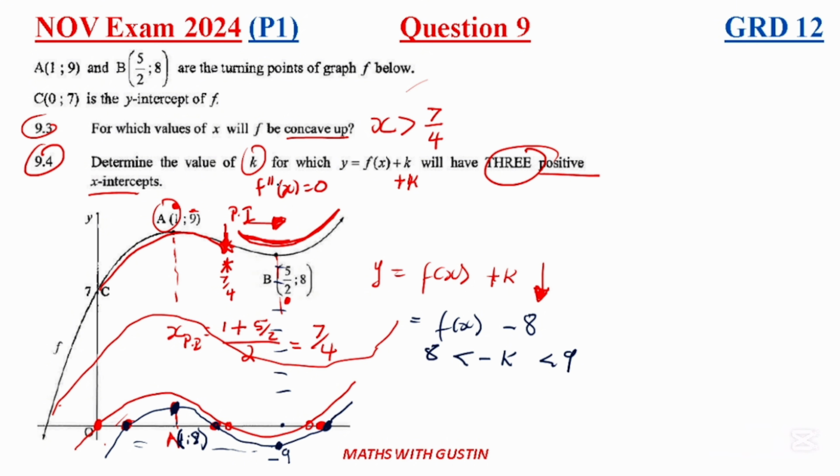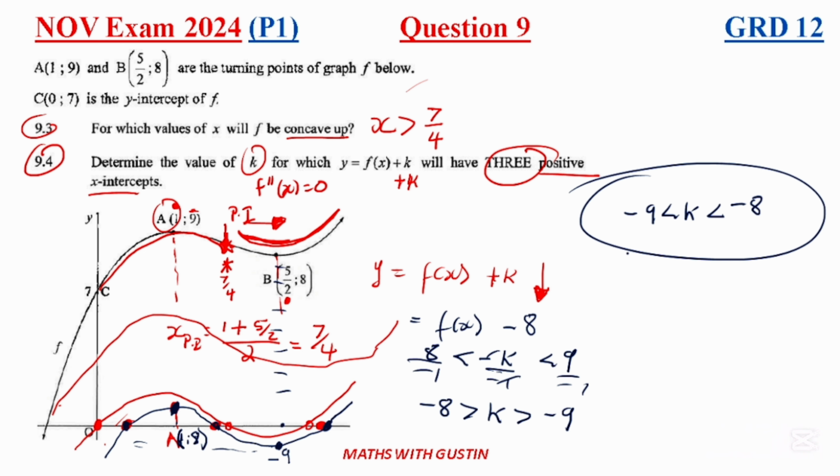However, we're looking for k, so we're gonna divide everything by -1. You have to remember that if you do that, the inequality is going to face the other way around. So this is the kind of equation that we have. Then we can just rearrange our inequality to make it look proper. So -9 is less than k but less than -8. Okay, there you go. That will be our answer.